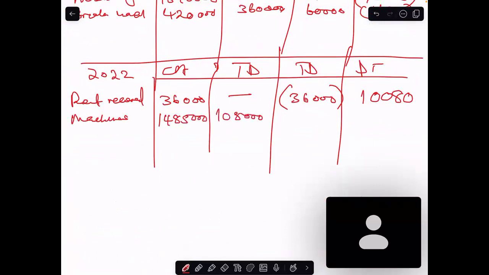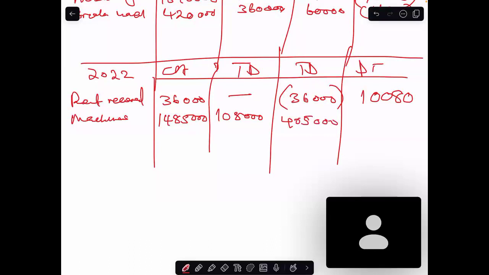Giving us a temporary difference of how much? Calculate it for me, please. 1,485,000 minus 1,080,000. Right, 405,000.